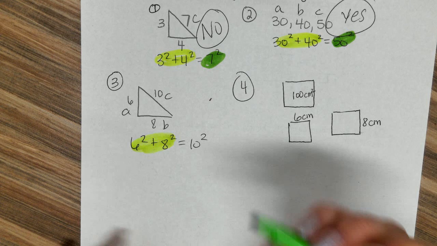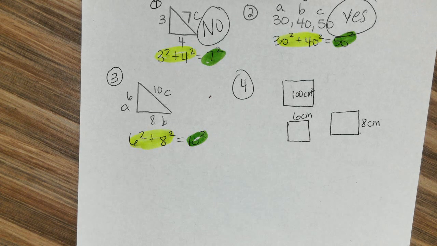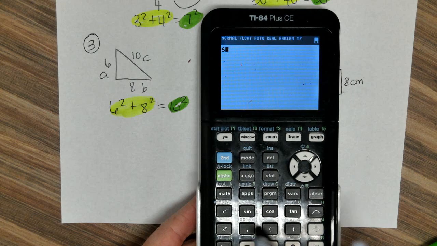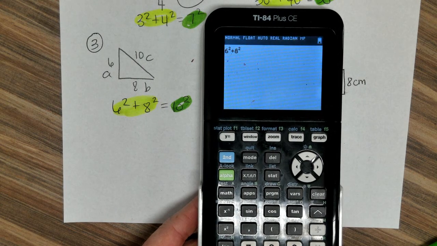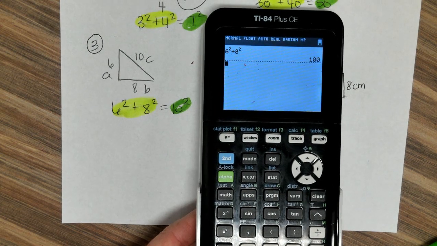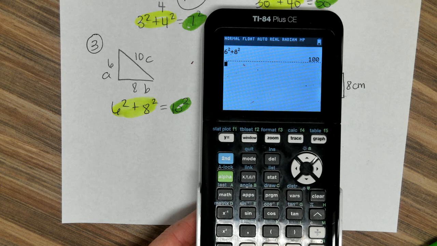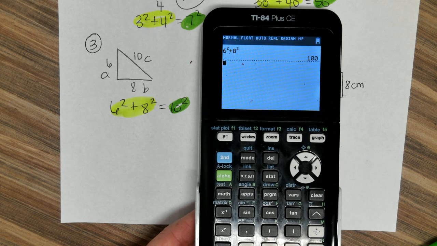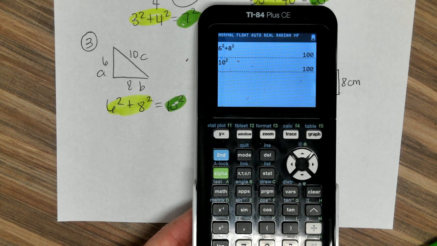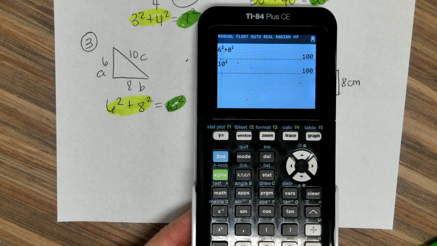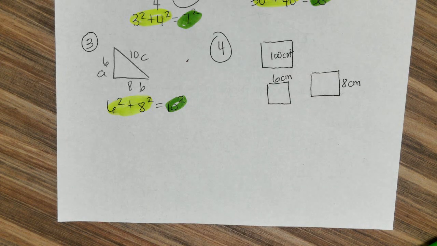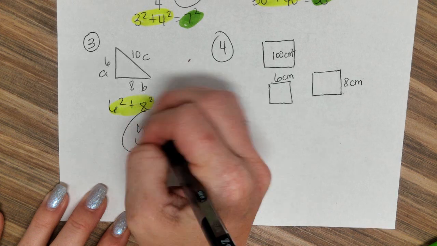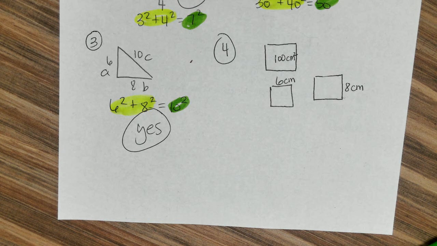I'm going to type in the right side and hit enter. So I have 6 squared plus 8 squared, which is 100. 10 squared is 100. Does 100 equal 100? Yes. So yes, this would make a right triangle.